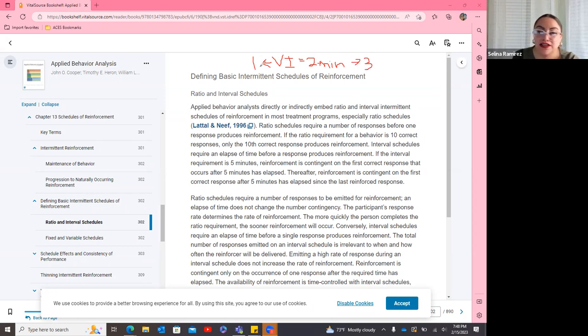So you can give Eileen reinforcement after 2 minutes sometimes, after 3 minutes sometimes, or maybe sometimes she's being really good, so I give it to her after 1 minute.